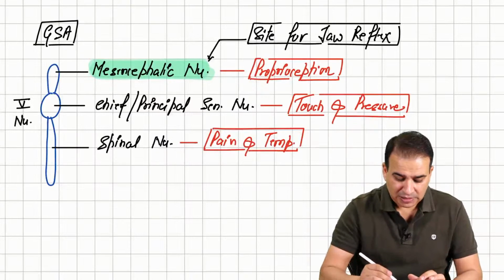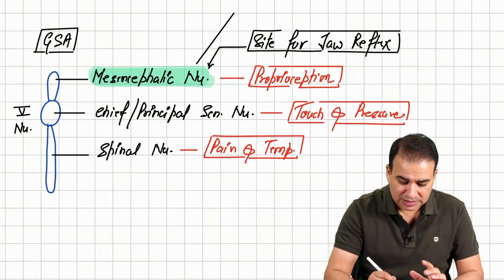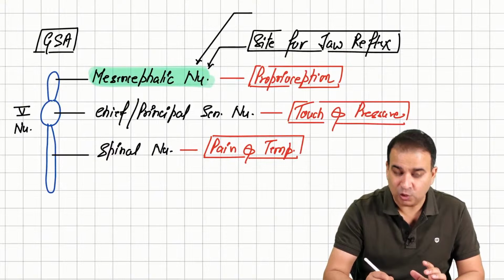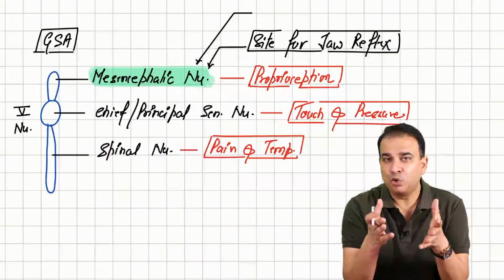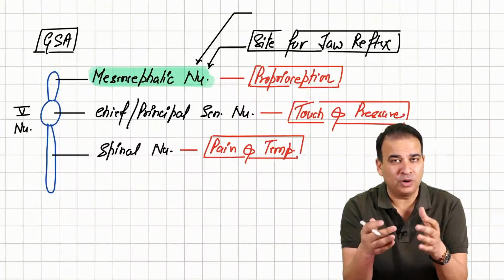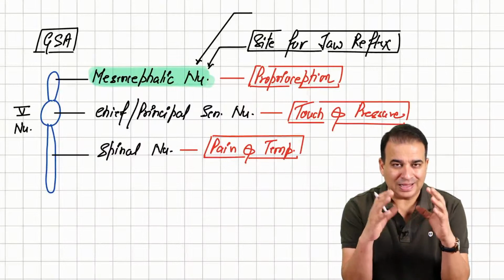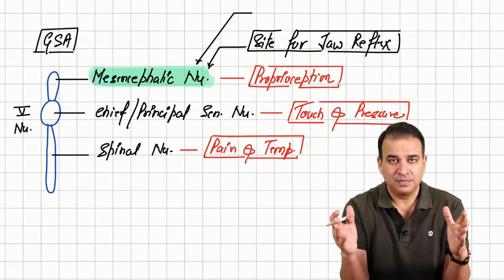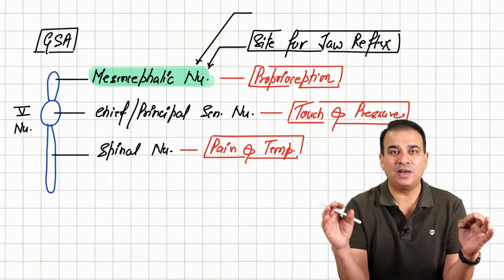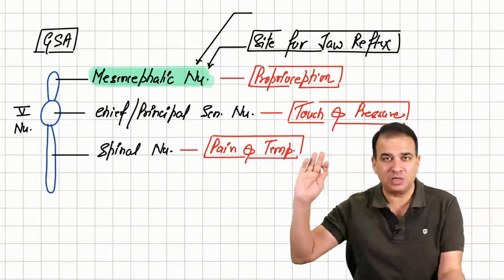That tells me that the mesencephalic nucleus is the site for pseudo-unipolar neurons also. You'll be surprised to know that in the entire central nervous system, there is no other place where we have a pseudo-unipolar neuron except this nucleus.